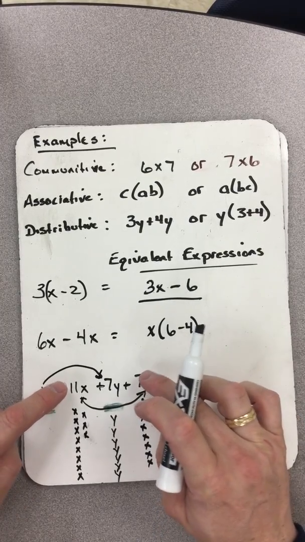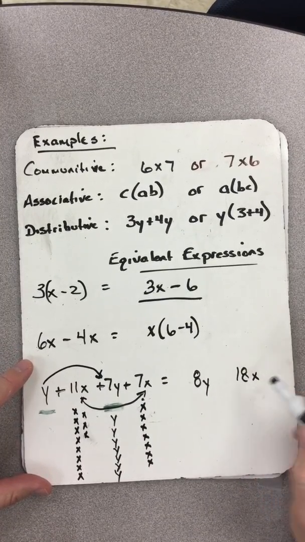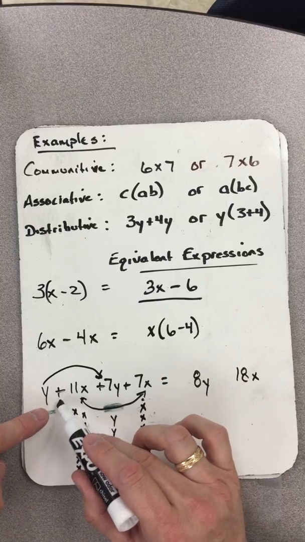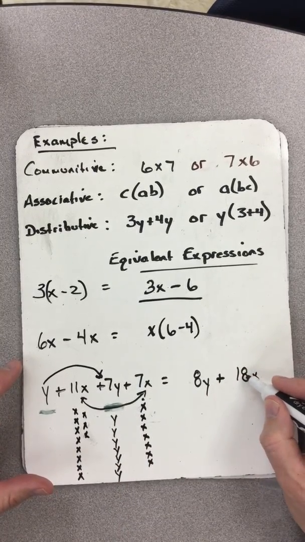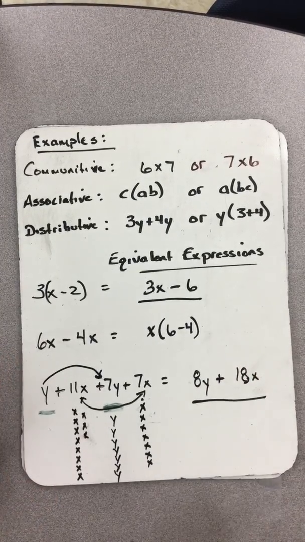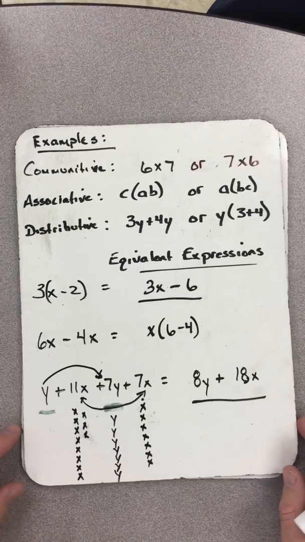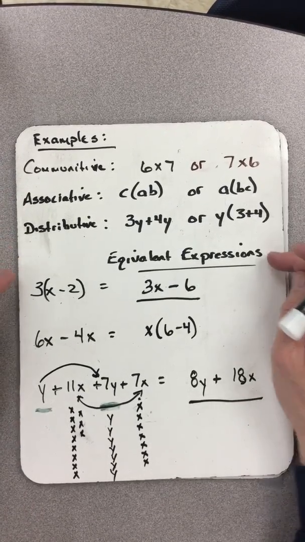So I'm just going to combine them. If I combine 7 and 11, I have 18 x's. When I look at my operation here, I have add, so I needed to add these two together. And that's just combining like terms to make an equivalent expression. Okay, so that gives you an idea of how we use commutative, associative, and distributive, and how we can build some equivalent expressions.